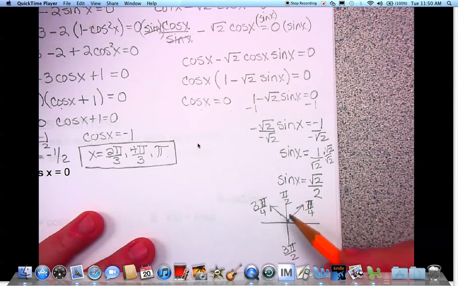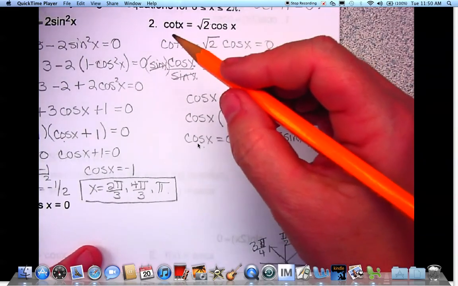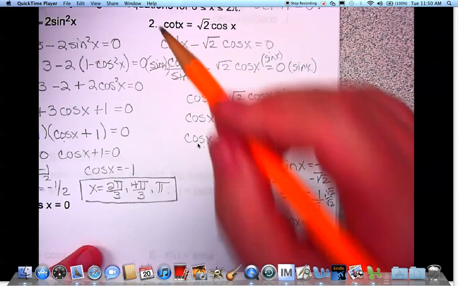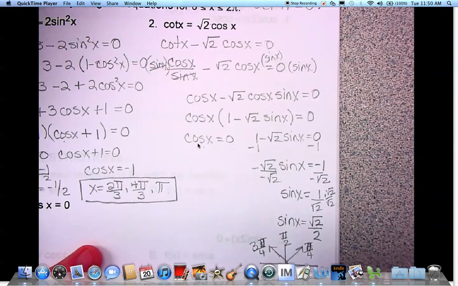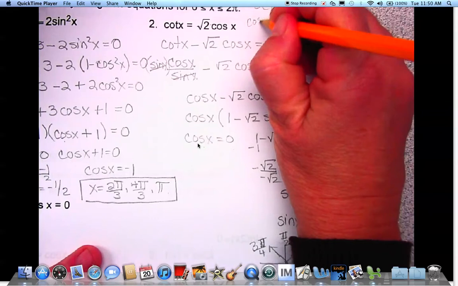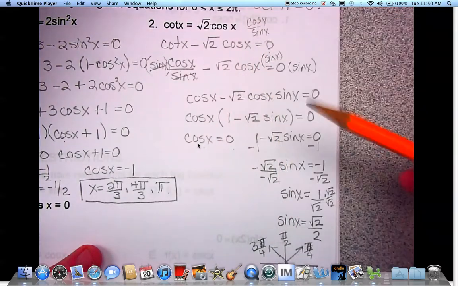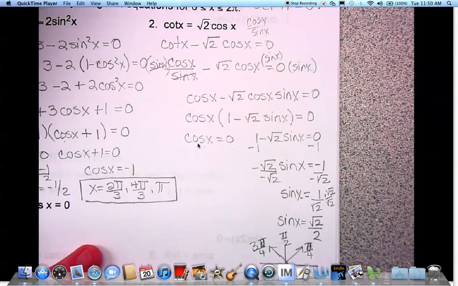All right, now look back up at the original problem. We've got a cotangent. But tell me, what is cotangent equal to? Cosine over sine. And so we're okay with a sine and a cosine.